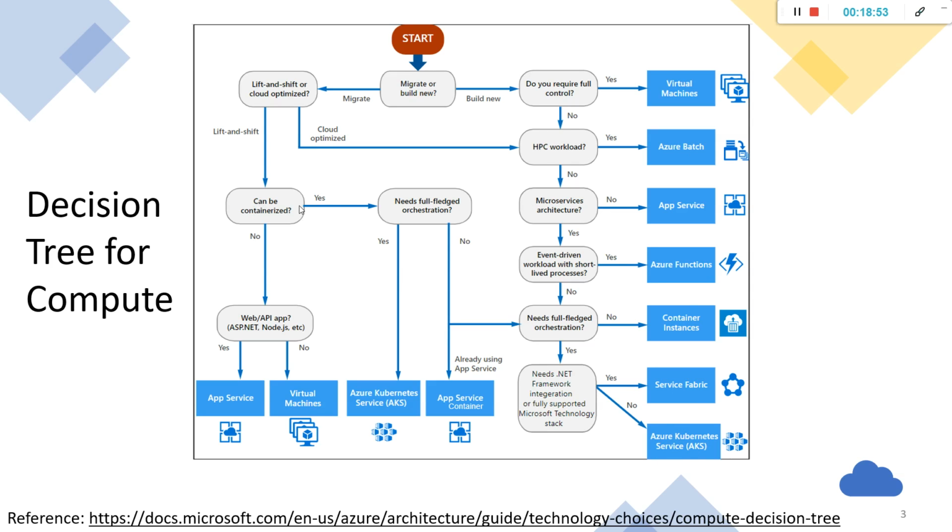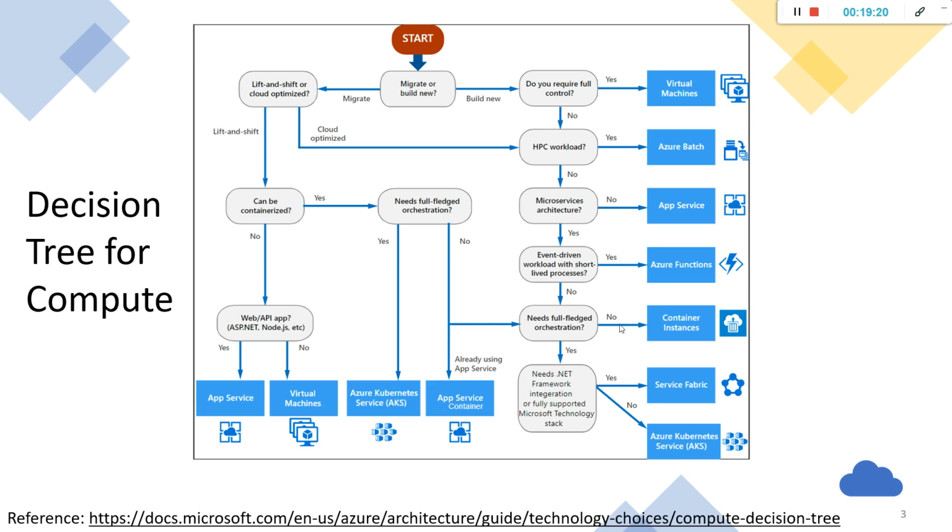Suppose it is not cloud optimized, the exact same code, then it is containerized. Then we can choose one of these two. And if it is not fully orchestration, we can use Container Instance or App Services.